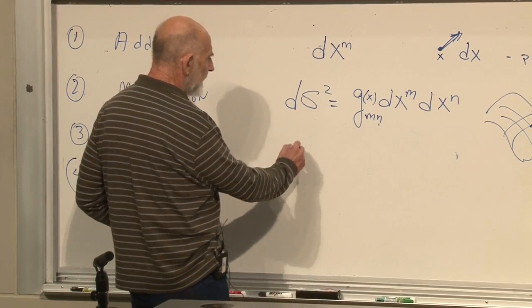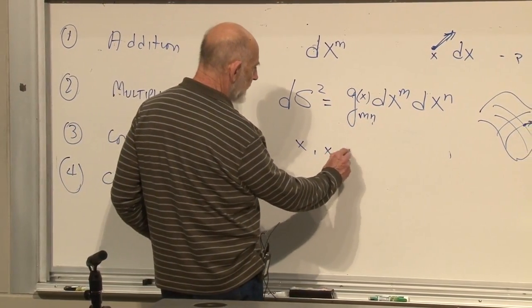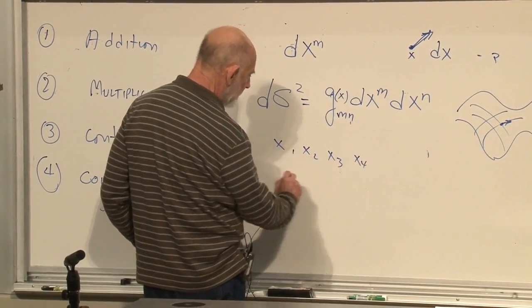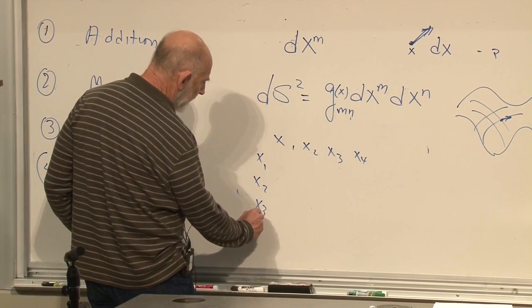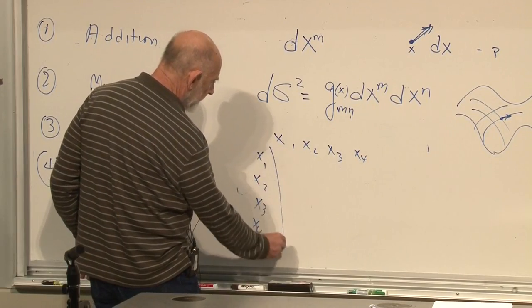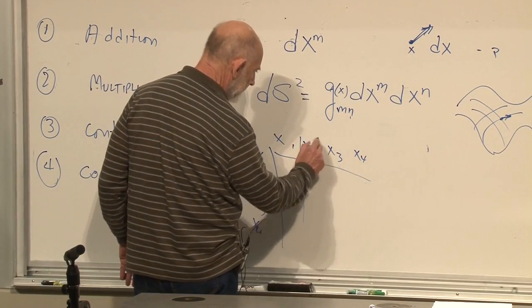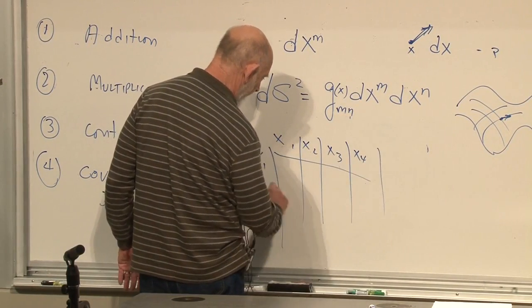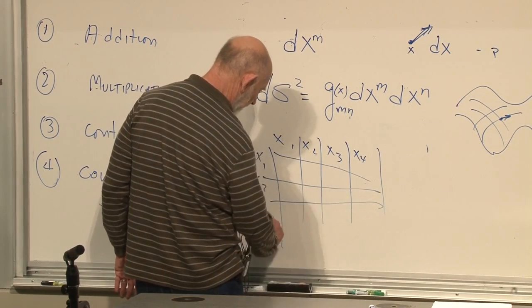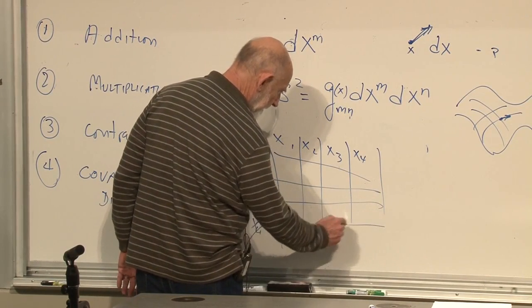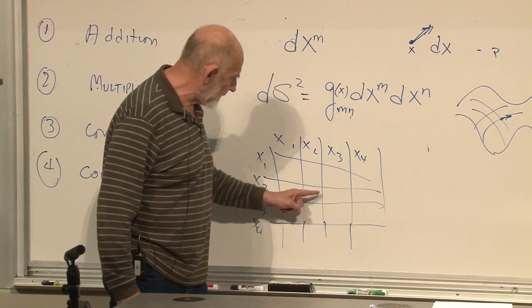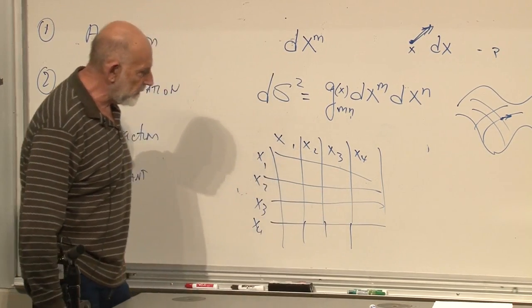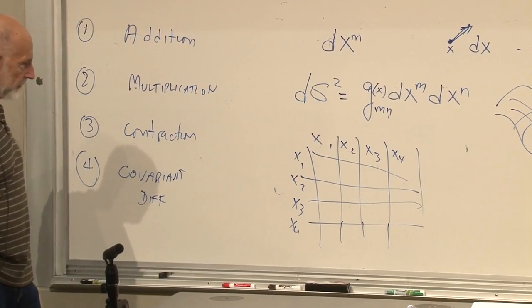Well, here's what you count. x1, x2, x3, x4, x1, x2, x3, x4. You know, make a sort of matrix. Sixteen entries. 1, 2, 3, 4, 5, 6, 7, 8, 9, 10, 11, 12, 13, 14, 15, 16.